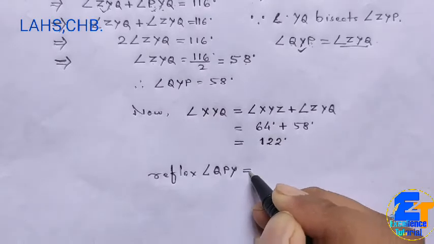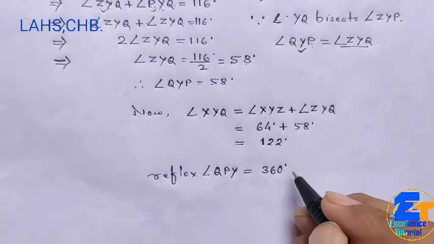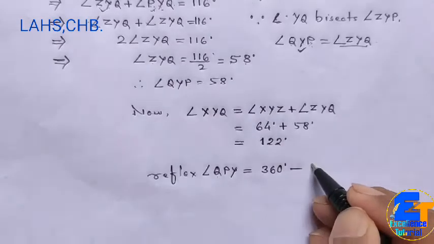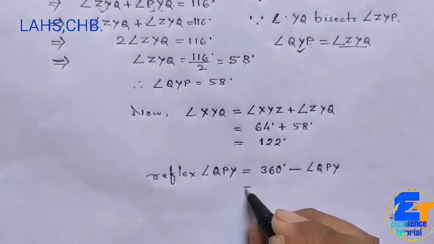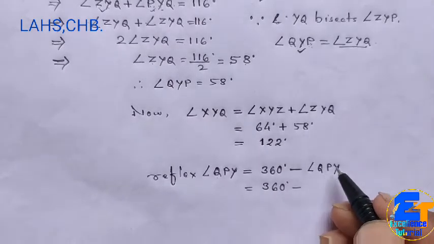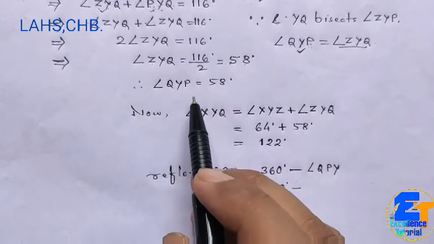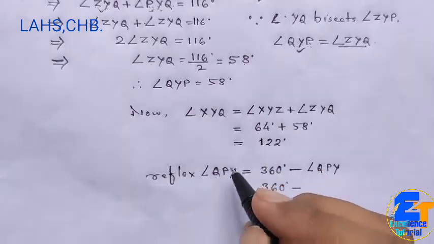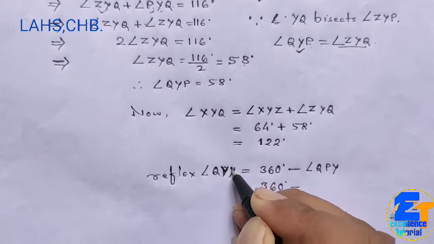You know the process: in order to find the reflex of any angle, 360 degrees minus this angle. 360 degrees minus QYP. Sorry, I have written QPY here by mistake, it is QYP.